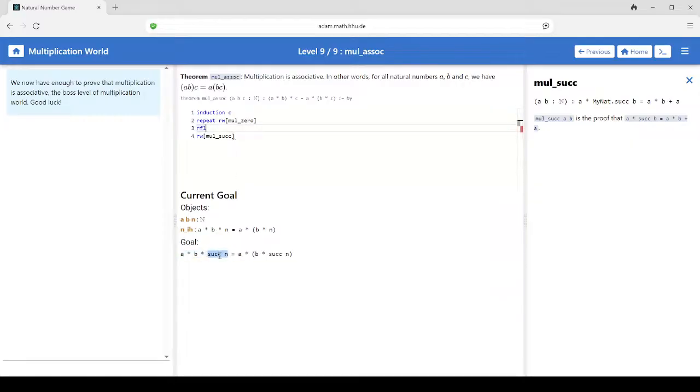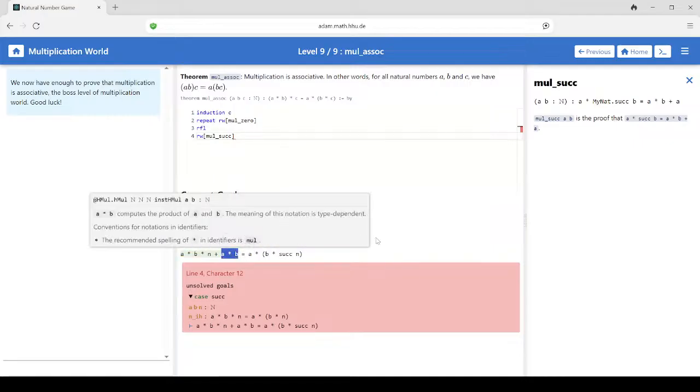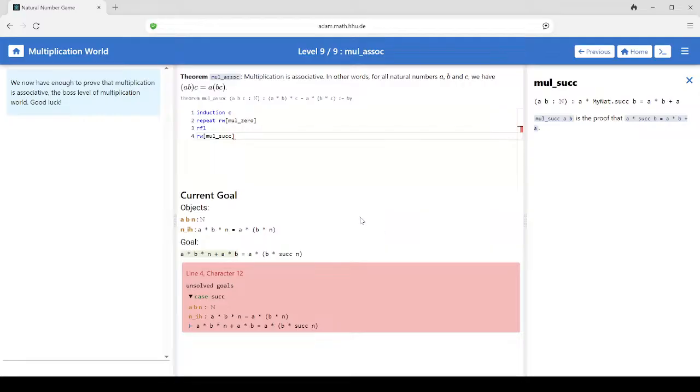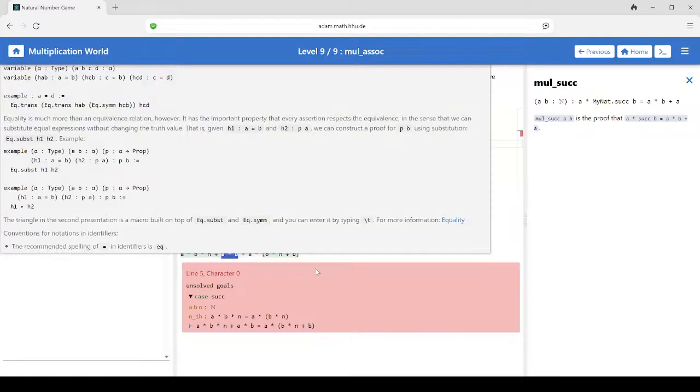okay, so b times the successor of n became b times n plus a times b. This whole thing got added to both sides. So we have plus b on this side and plus a times b on this side.